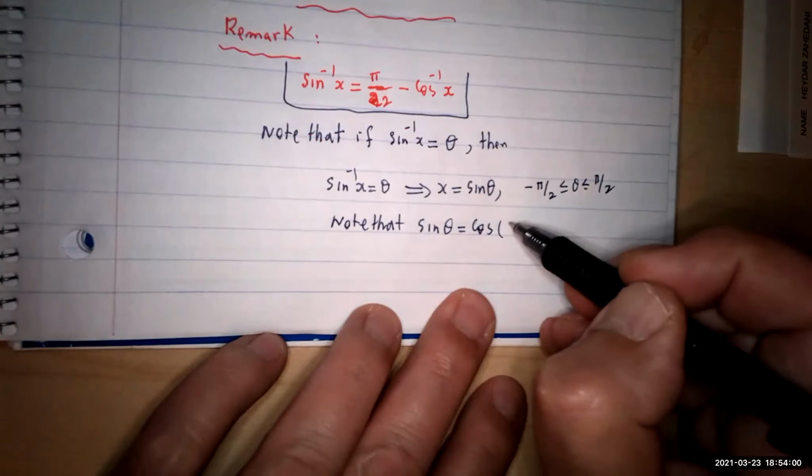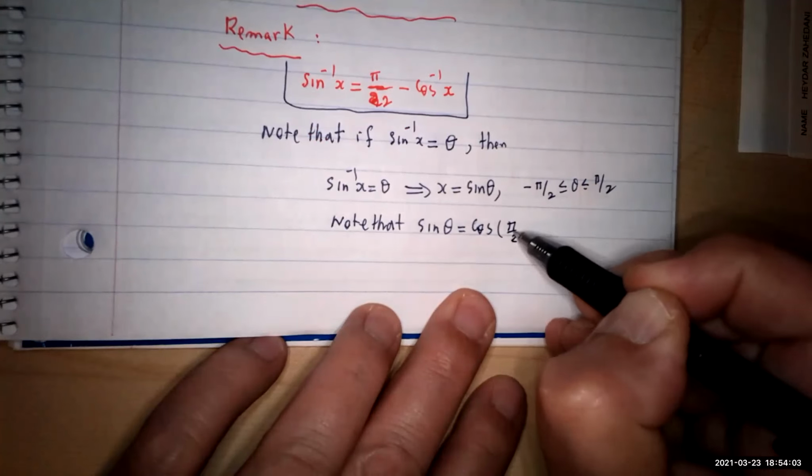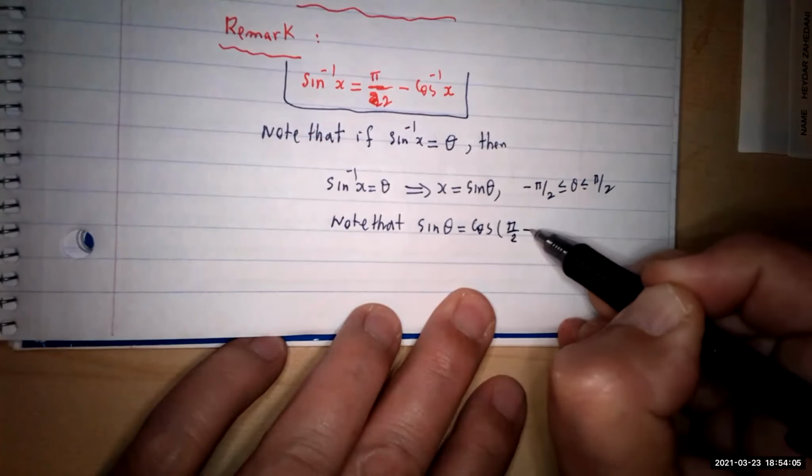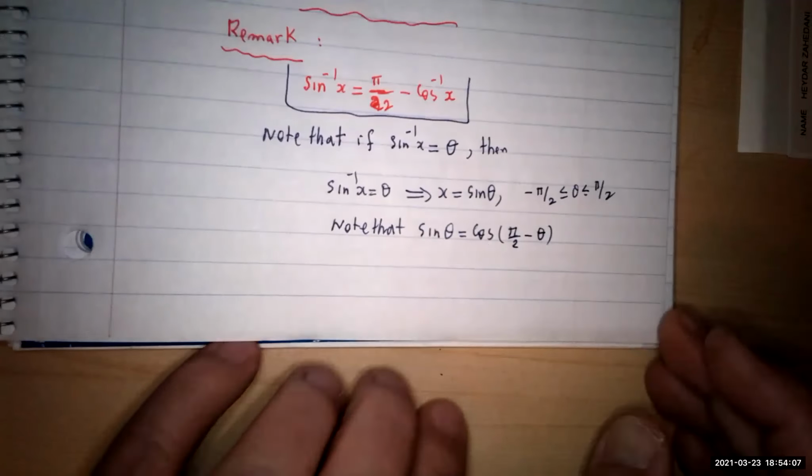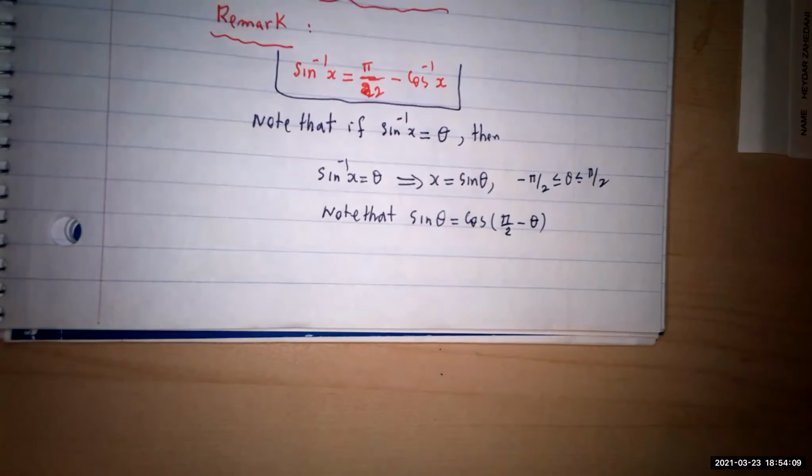The complement would be pi half minus theta. So for example, the sine of 30 degrees is the same as the cosine of 60 degrees. And these are going to be the case that we are going to have.